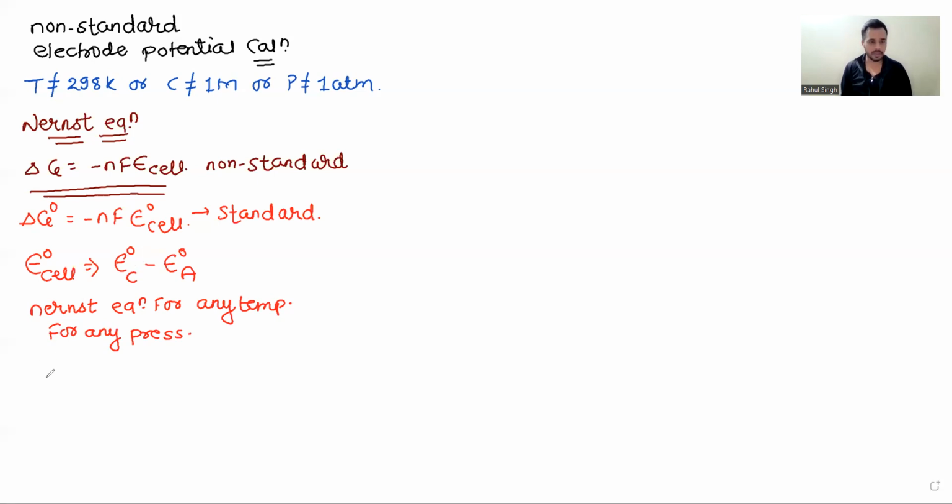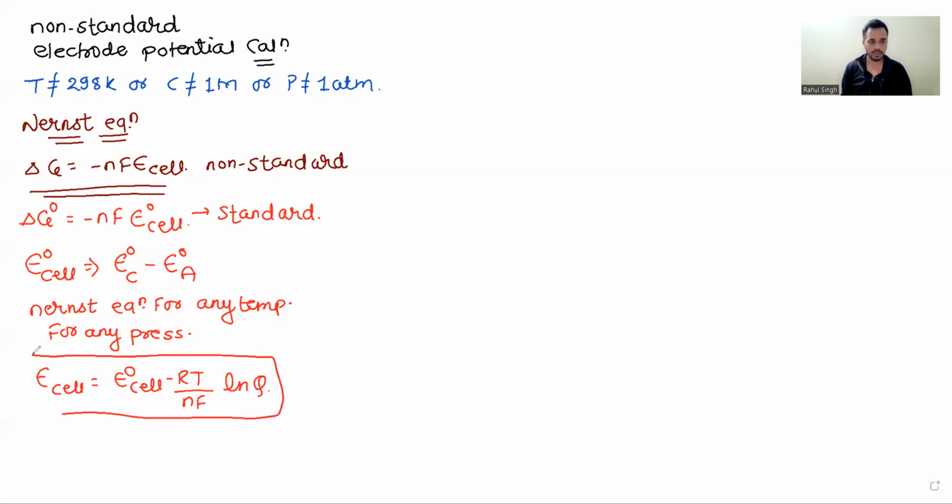It was represented as E cell equal to E naught of a cell minus RT by nF ln of Q. In the previous lecture, we saw up to here for any temperature calculation.